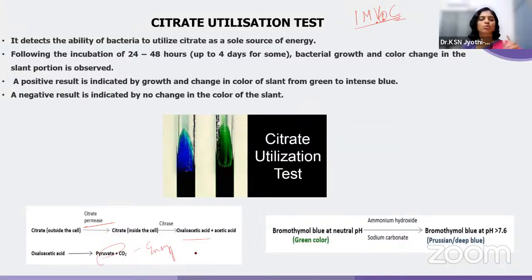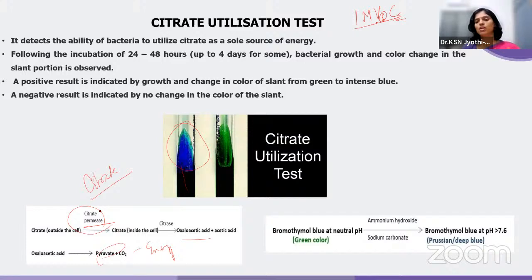They will only be able to grow in that specific medium containing citrate.